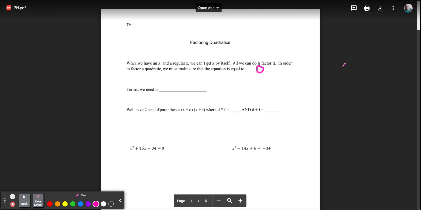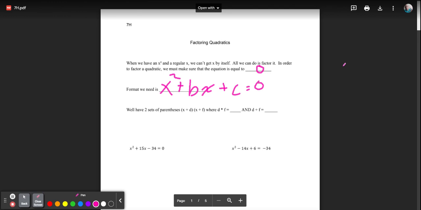The format that we need to get our quadratic equation into is x squared plus bx plus c equals 0, where b is the coefficient of x. So long story short, we're going to have to move all the terms to one side. That way the other side is just equal to 0.